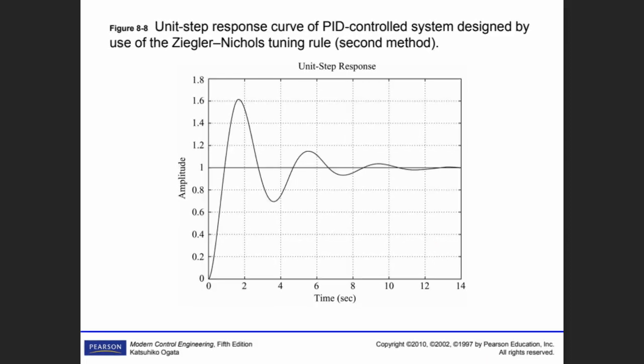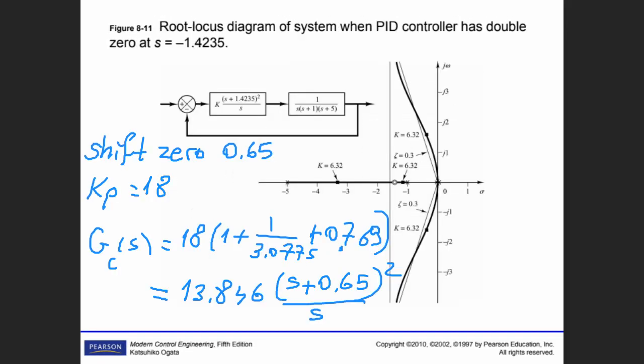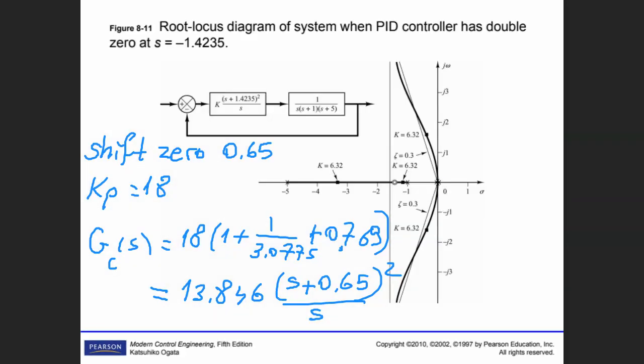It's not very good. So what we should do, we should shift our double zero. This is the original starting point. That double zero here. If I shift that double zero very near to these double poles, so these two couple, and then the -1 becomes free, and the -5, these two couple and draw another line.